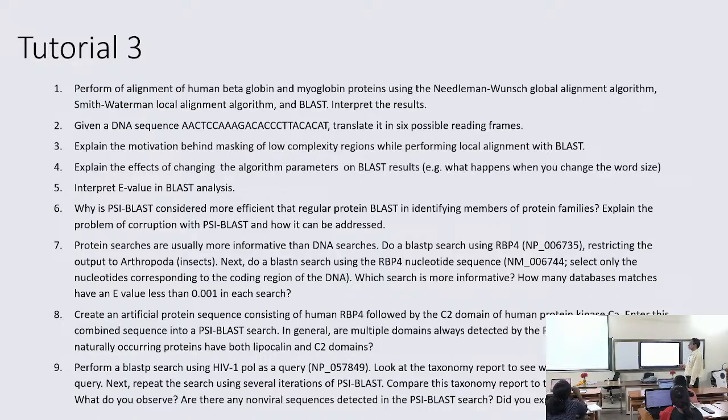Explain the problem of corruption with PSI-BLAST and how it can be addressed.